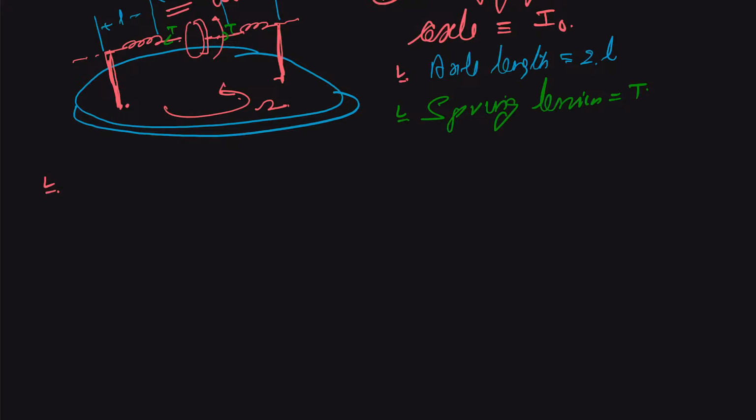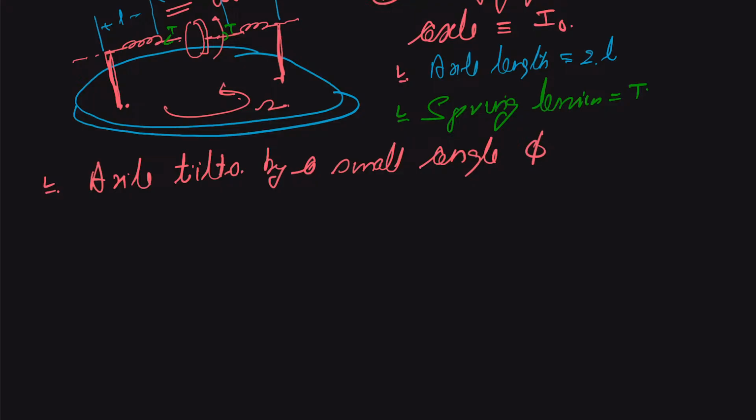So we can say that the axle tilts by a small angle phi relative to a line connecting the supports.